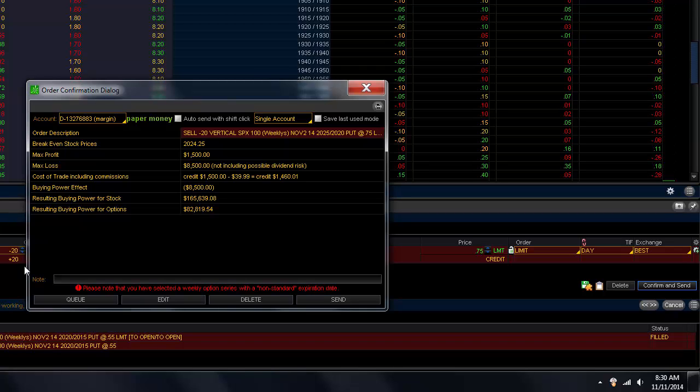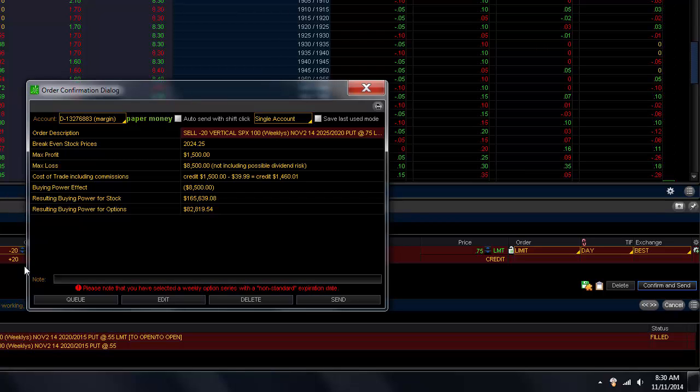This is also the amount of margin you must put up to execute the trade. The cost of the trade, including commission, is $39.99, and so the net profit here is $1,460.01. The buying power effect, the broker will hold $8,500 out of your account while this trade is in force until expiration, or until you cancel the trade.